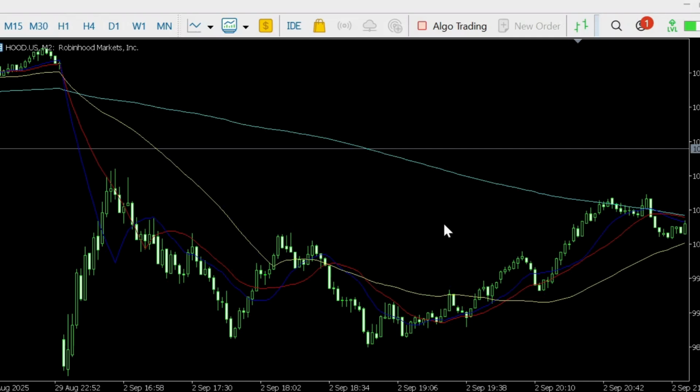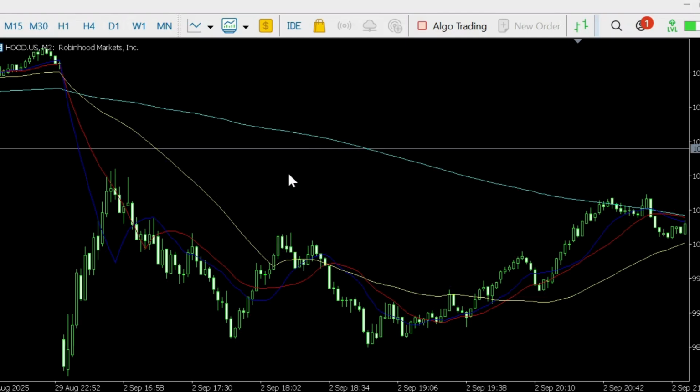Then the last one, and not the least, is what I call the 200 moving average, and that is the granddaddy of all. Whenever you see the 200 moving average on top and your price action is down, that is, your candles are down, simply know that at that time what you still have is a downtrend.